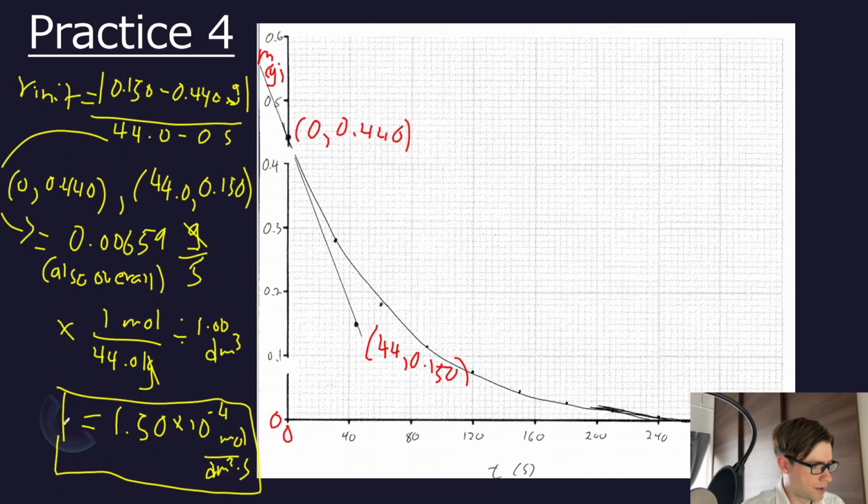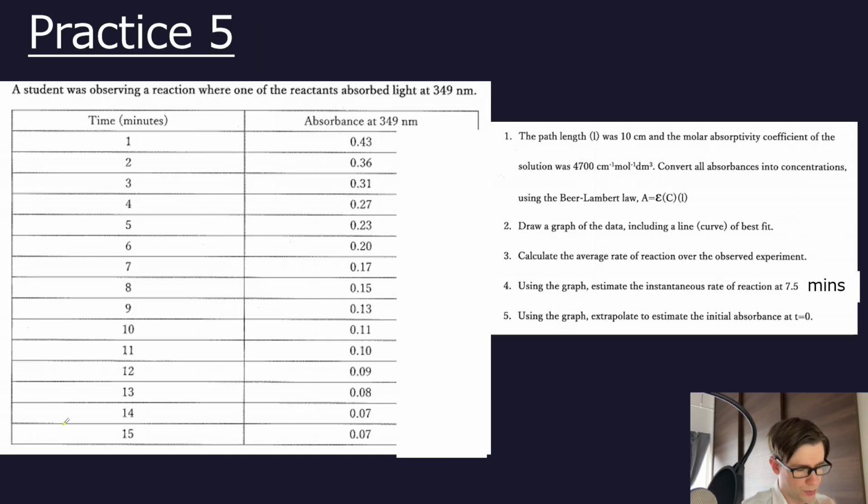All right, and then I think I have one more practice. Yeah, so this one involves absorbance, which is something you can measure at a particular wavelength. And this time it's done at 349 nanometers. I think that's UV maybe, UV or visible, but as I said, absorbance is proportional to concentration, and it's related through what's called the Beer-Lambert law.